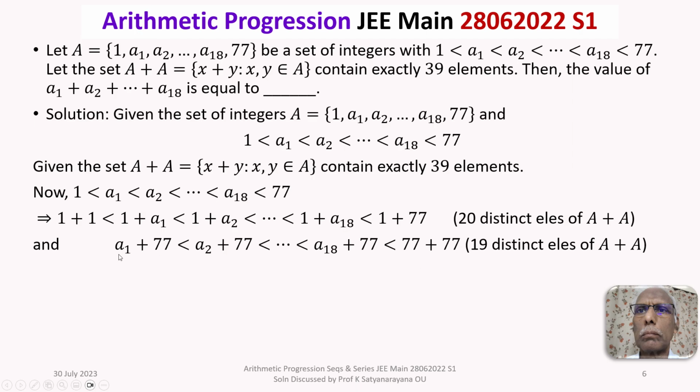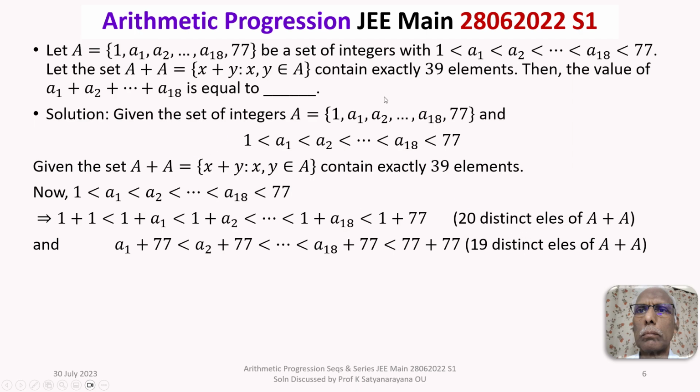That means to a1, a2, a18 and 77, we have added 77 throughout, and the inequality is maintained, and these are the elements of A plus A. They are 19 in number and these are distinct. And no element of these is an element of the earlier 20 elements. So they are all distinct: 20 distinct elements of A plus A, 19 distinct elements of A plus A. Thus we got 39 distinct elements of A plus A.